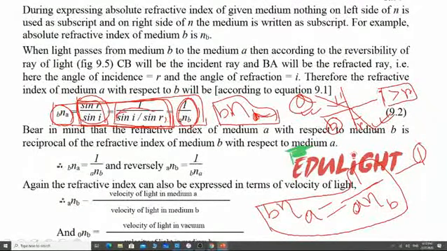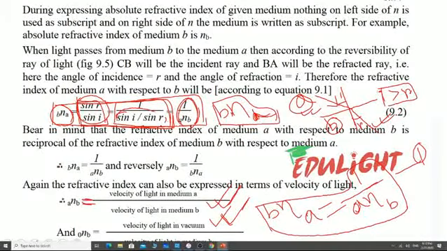Then with this formula, let us come to this. We can write again A eta B, this is the equal sign, this is not the minus sign.